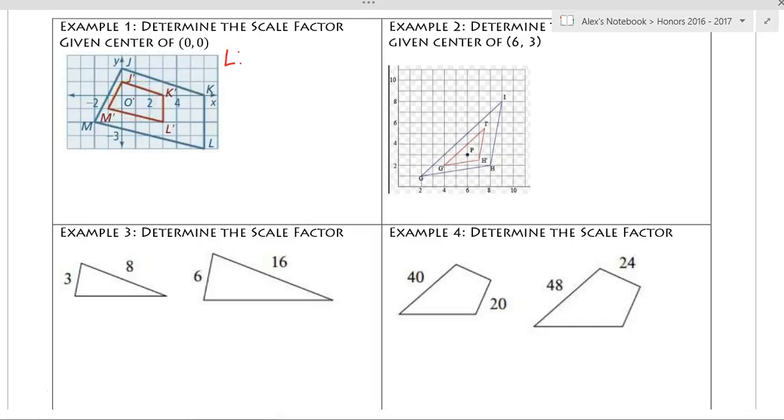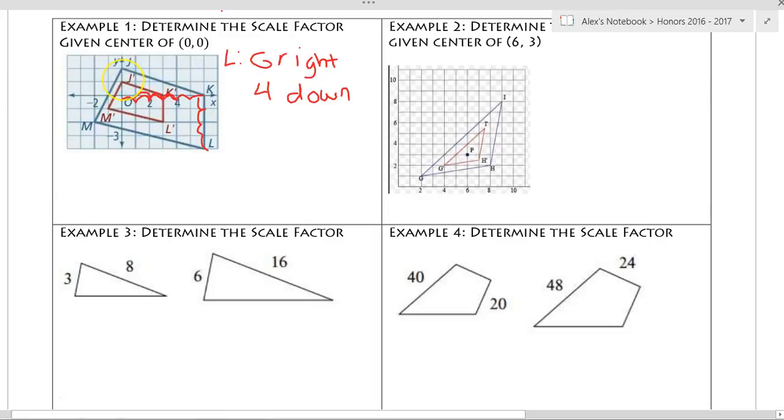So if this is my center, L is over 1, 2, 3, 4. Sorry, that's my center. 1, 2, 3, 4, 5, 6. L is 6 right. And then it's 1, 2, 3, 4 down.